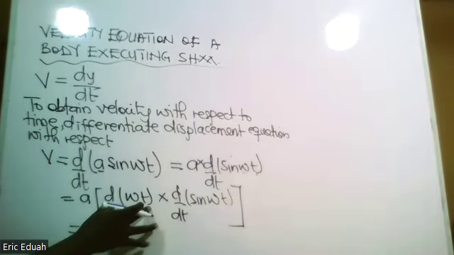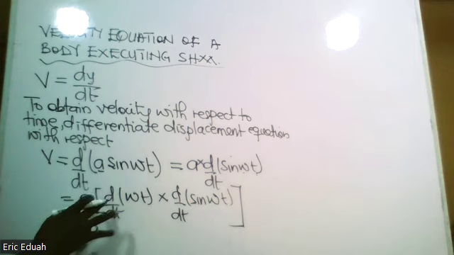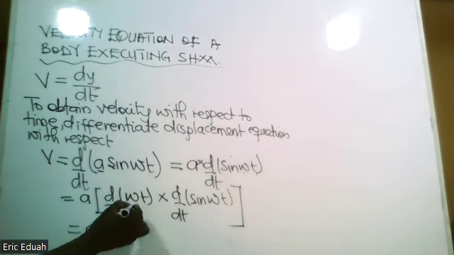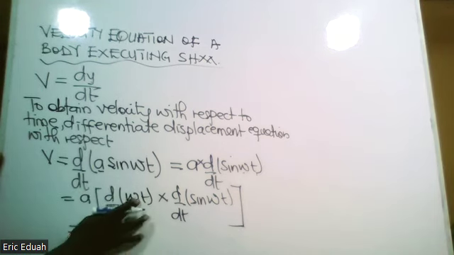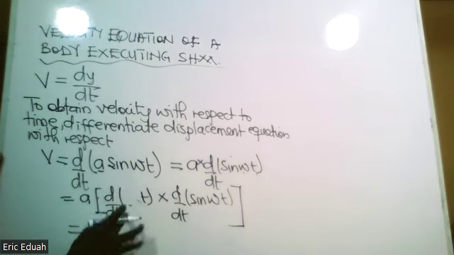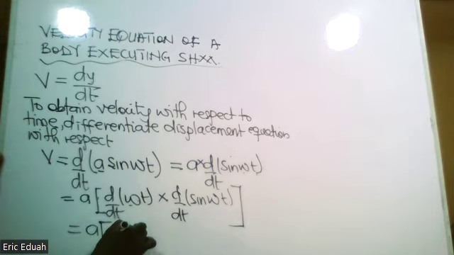Now, when you differentiate omega t with respect to time, omega is the same as a coefficient. Don't forget, this is a constant. So it would also be pulled out. So we have omega times dt over dt.